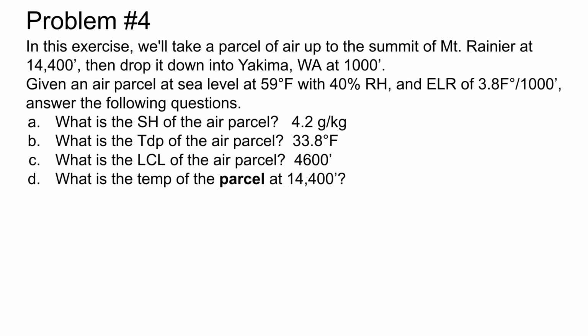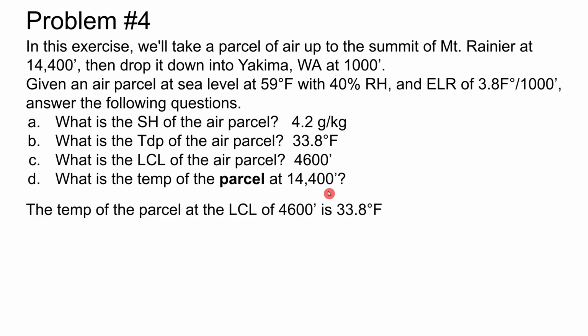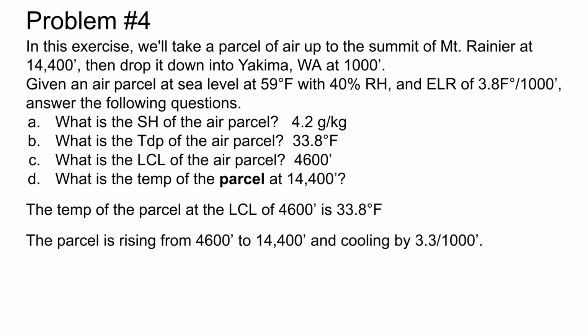So we know the temperature of the parcel, 33.8 degrees at the lifting condensation level, 4,600 feet. But now we're going to go from 4,600 feet to 14.4. The temp of the parcel at the lifting condensation level is the dew point temperature of 33.8. It's going to rise from 4,600 feet to 14,400 feet, and it's going to cool by 3.3 degrees per 1,000 feet.